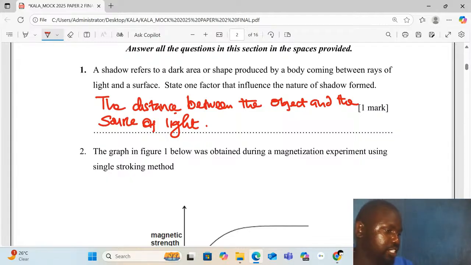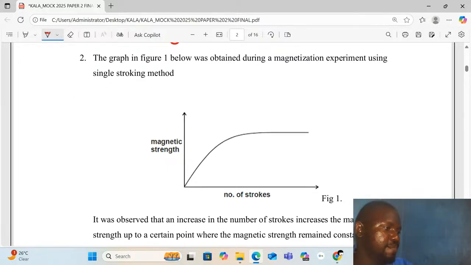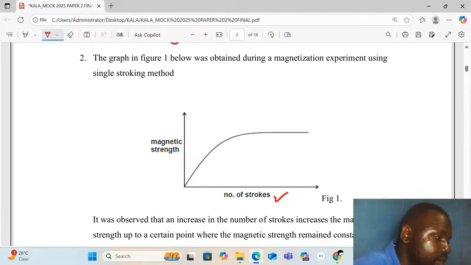We have an application question. Question 2. The graph in the figure was obtained during a magnetization experiment using the single stroking method. You can see the graph the way it is. On the x-axis, we have the number of strokes. On the y-axis, we have the magnetic field.